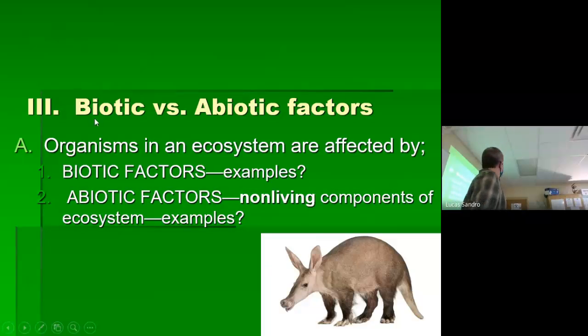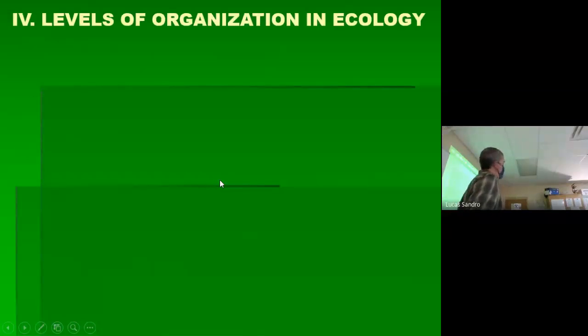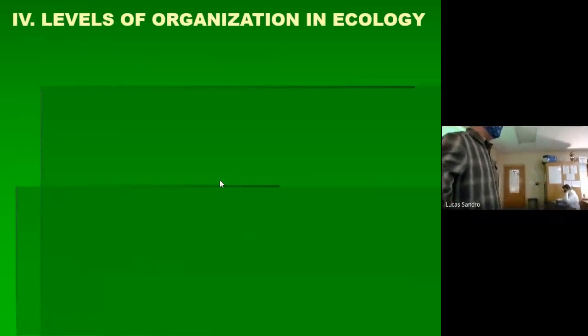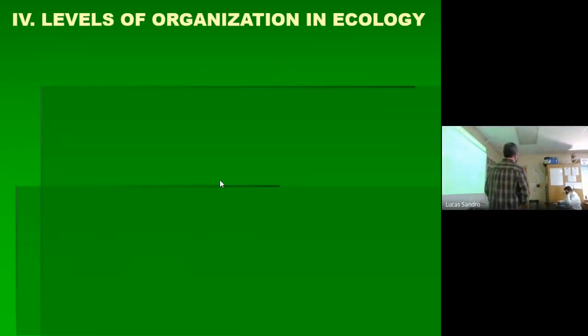Okay, one more thing, which is we have to group things in ecology. It's all about interactions, so we're all about levels of grouping. We're going to start small with our smallest groupings and then get a wider and wider lens here.